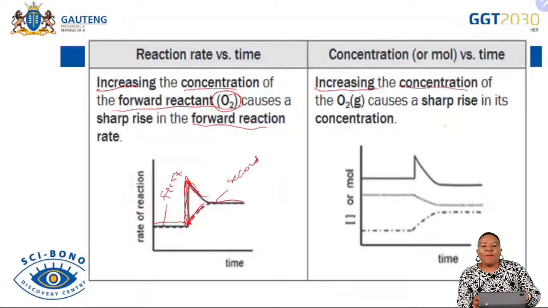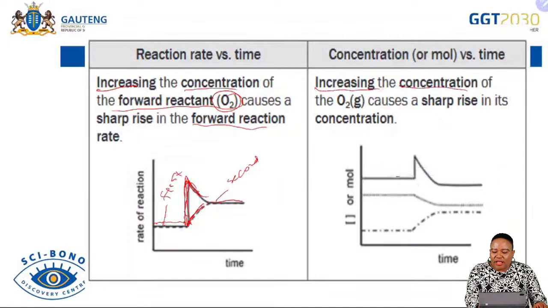And then in terms of the concentration graph, I'm referring to both graphs at the same time with the same changes, so that we can see how it is represented in terms of the change that will occur at equilibrium. So we know that the solid line represents oxygen.